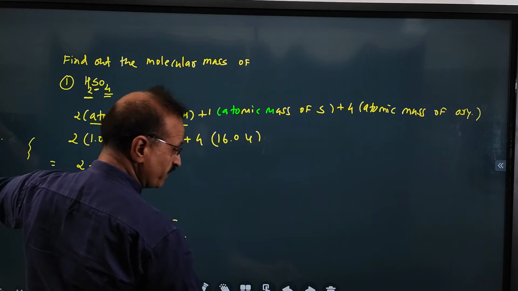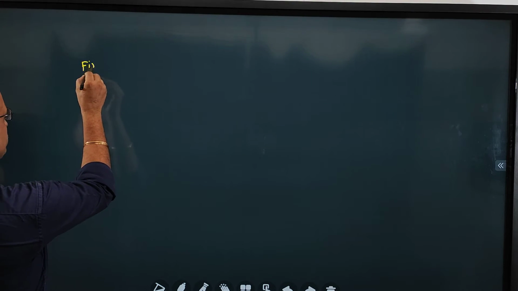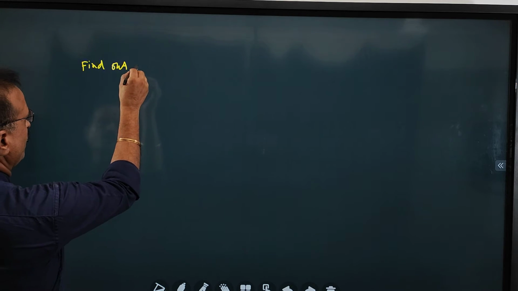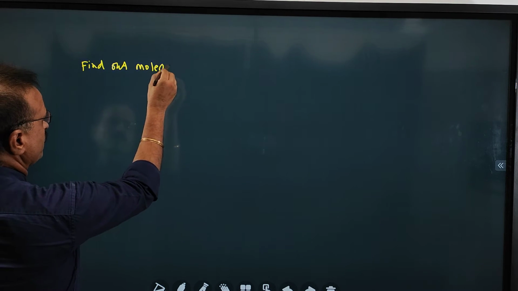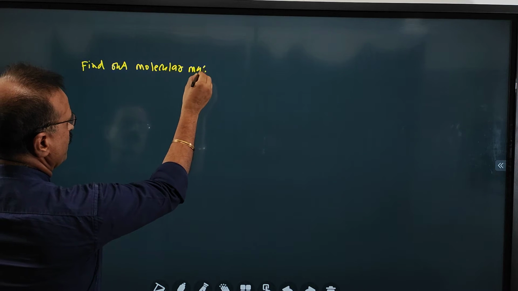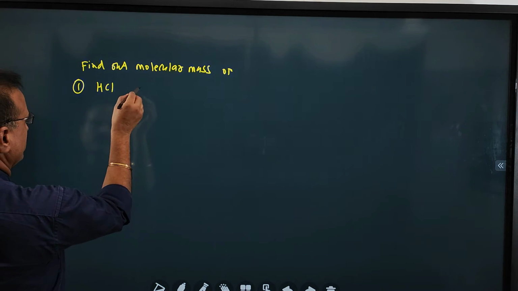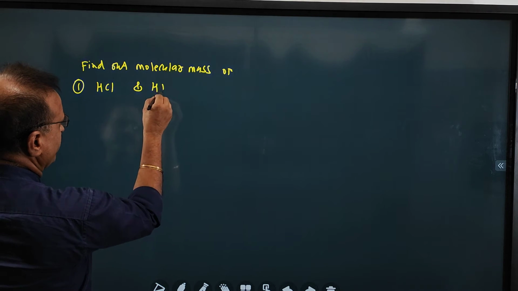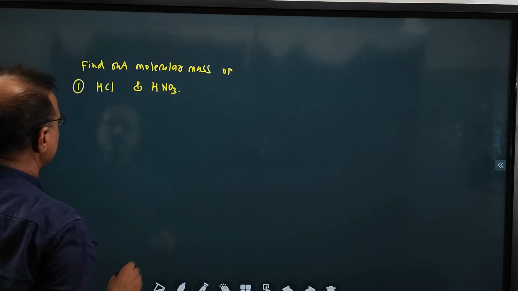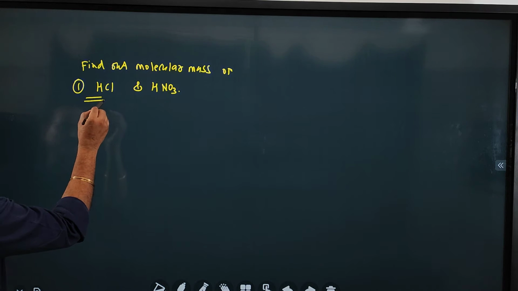Now calculating another example. Suppose find out the molecular mass of, 2 examples we will calculate, HCl and HNO3. So molecular mass of HCl we will find.